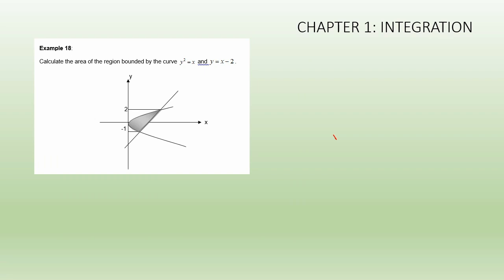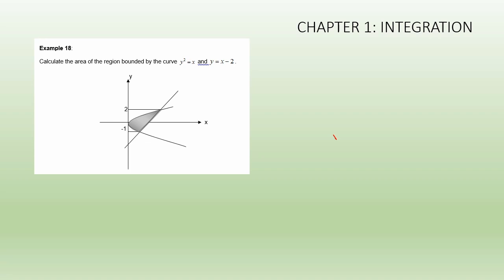Example 18. Calculate the area of the region bounded by the curve y squared equals x and y equals x minus 2, as shown on the graph below.